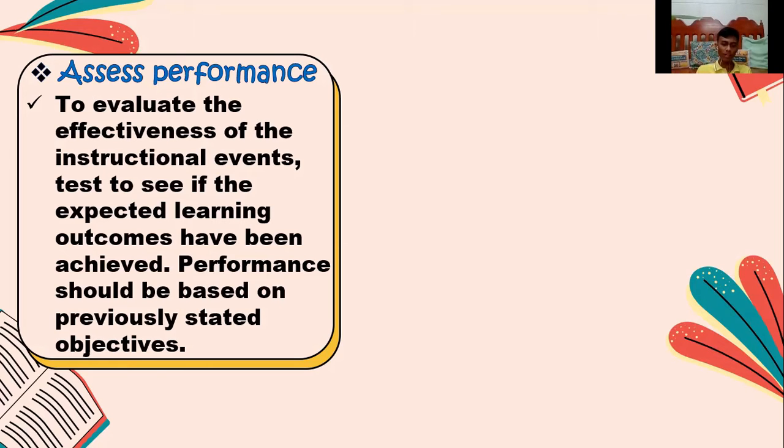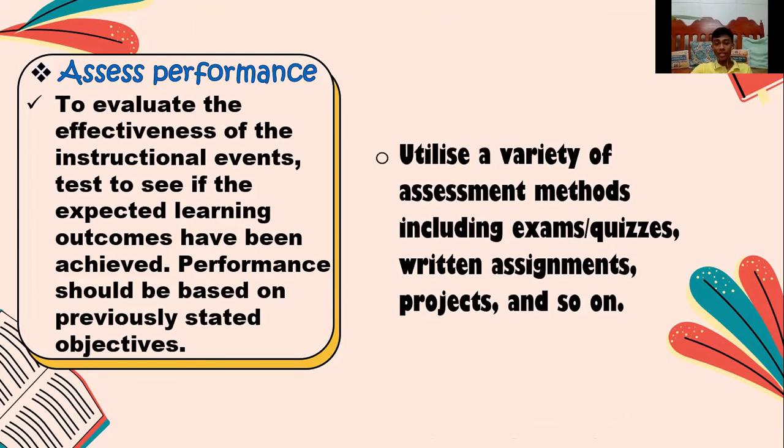include that we should administer pre and post tests to check for progression, competency in content or skills. So it says here to utilize a variety of assessment methods, including exams, quizzes, written assignments, projects, and so on.